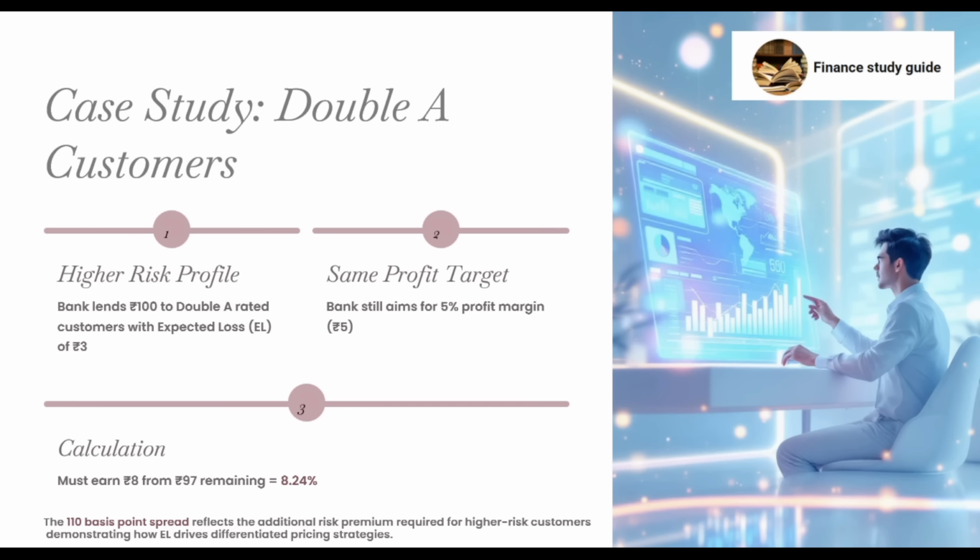So pricing becomes 8 divided by 97, which is 8.24%. With EL in the picture, pricing changes from 5% to 8.24% for double A rated customers. Hope you can now visualize how EL can help the bank price their lending as per the customer risk profile.